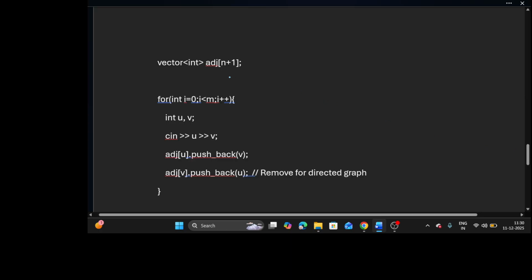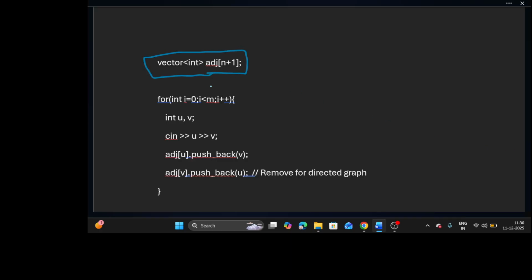Okay, vector<int> adj of n plus 1. Here is a for loop from i equal to 0, i less than m, i plus plus.